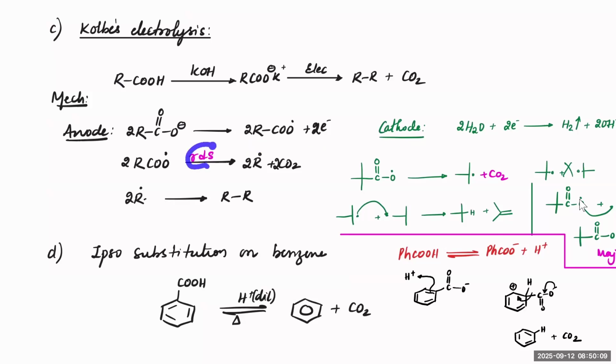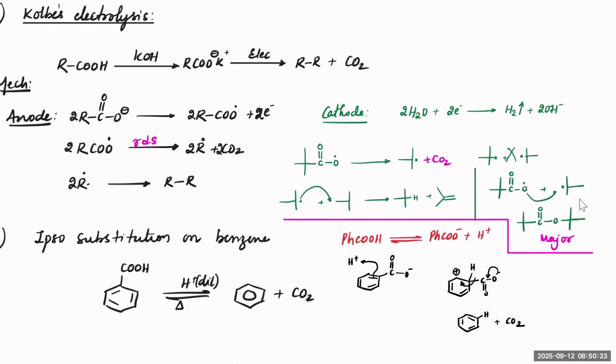These radicals will slowly shed the carbon dioxide and get R dot. And R dot and R dot will terminate with each other to convert into an alkane. On the other hand, at the cathode, water will act like a reducing group. It will take electrons, go to the cathode, and convert itself into H2 and OH minus.